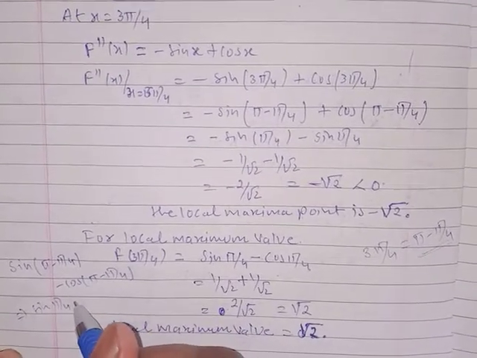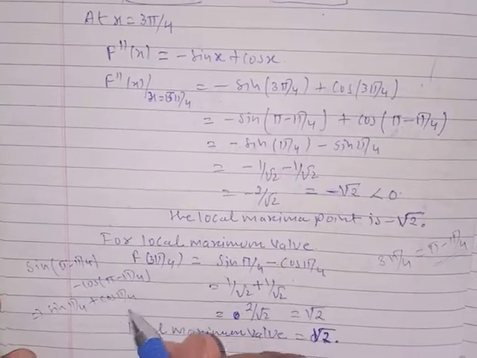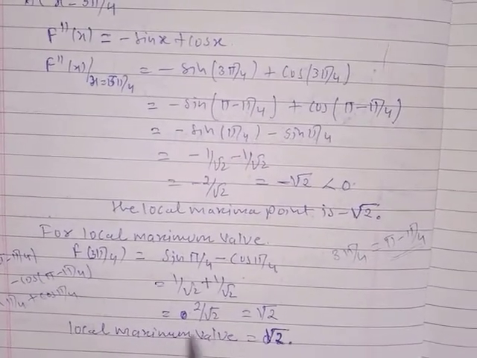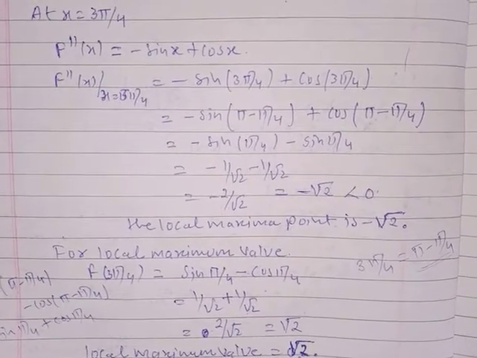Cos is negative, so it becomes positive, cos π/4. Then you will get a value root 2. So the local maximum value is root 2.